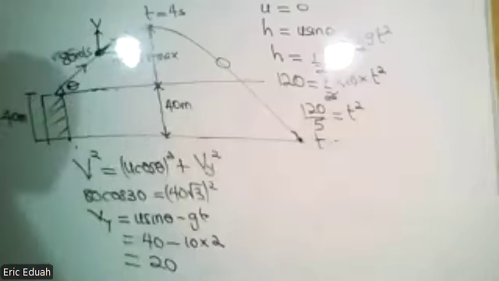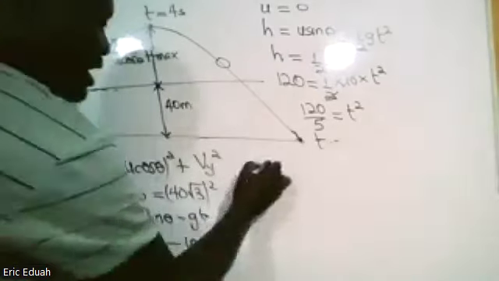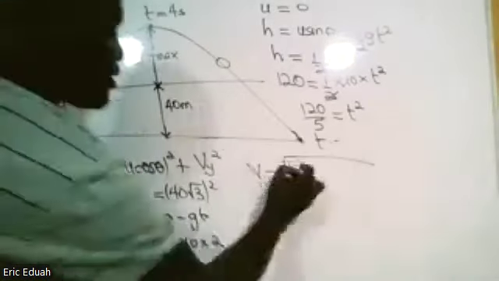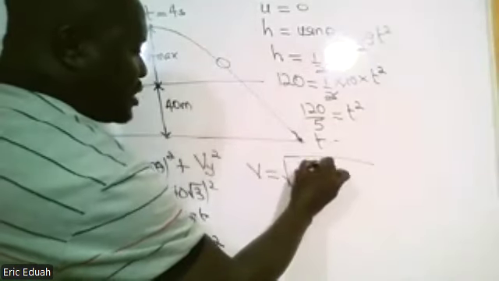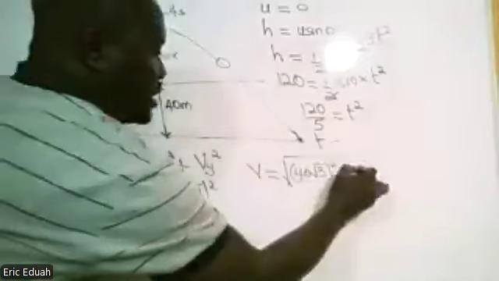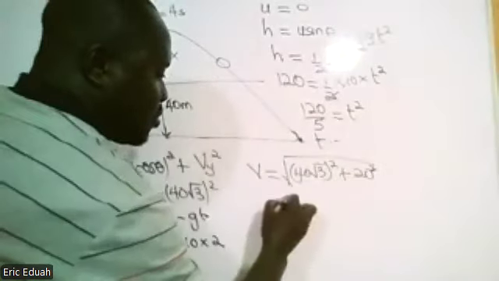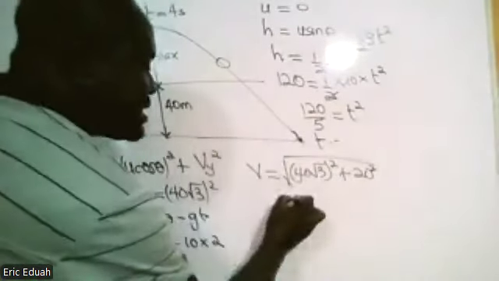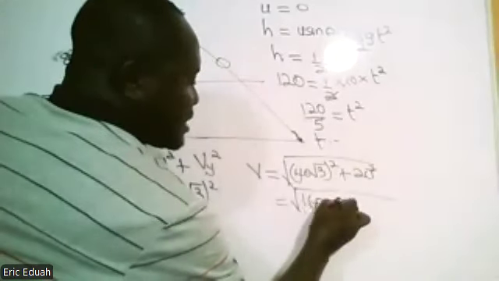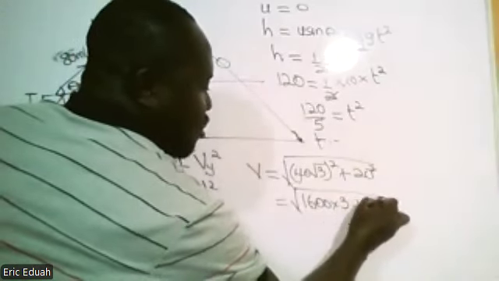20. Okay. Now, because they are related by the Pythagoras theorem, V would be equal to the square root of U cos theta, which gave us 40 root 3, squared, plus 20 squared. When we put them together, we have the square root of 1600 times 3 plus 400.